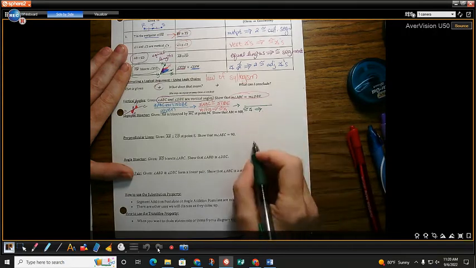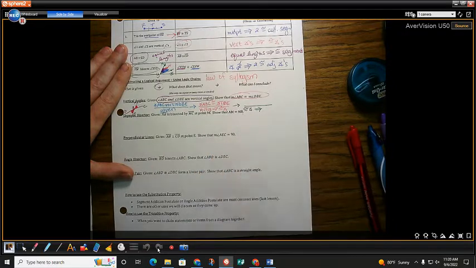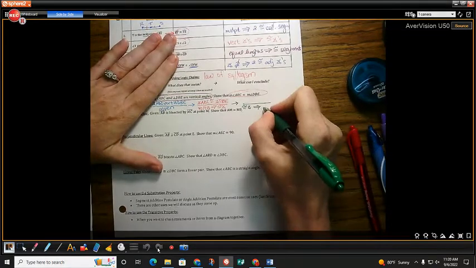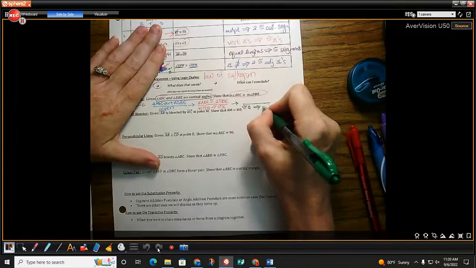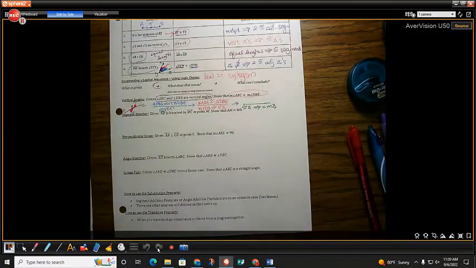I have vertical angles implied congruent angles. Where can congruent angles lead me? Chloe. Equal measure angles. Okay.